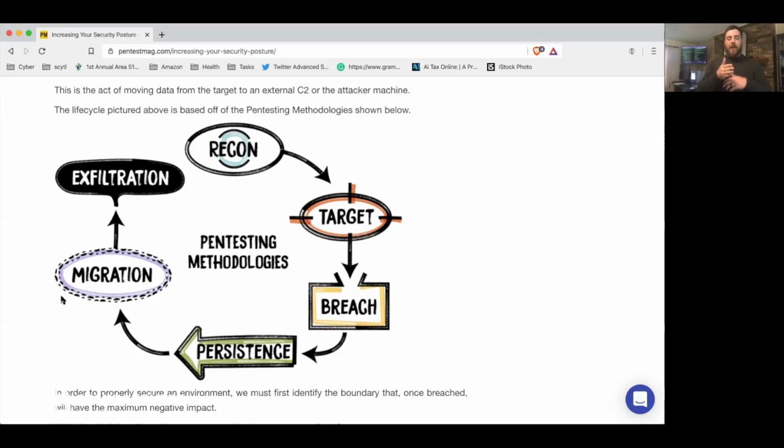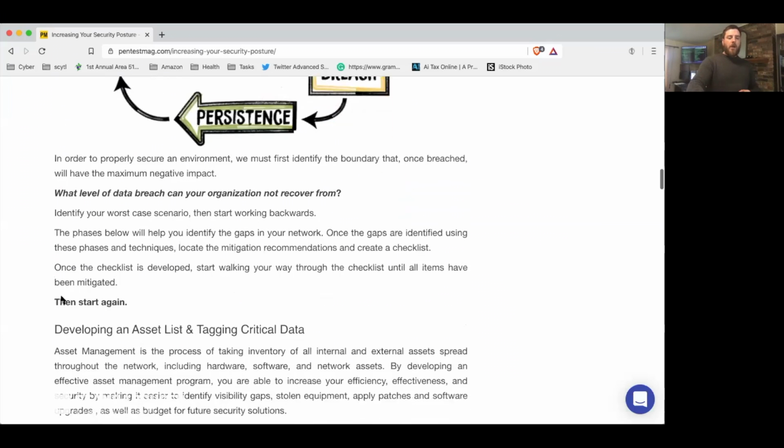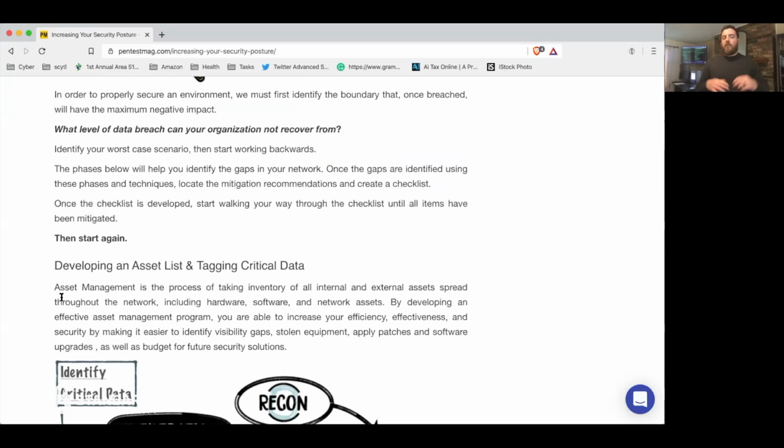So: recon, externally hosted information that an attacker can use against your organization; target, breach, persistence, migration, and exfiltration. So what level of data breach can your organization not recover from?